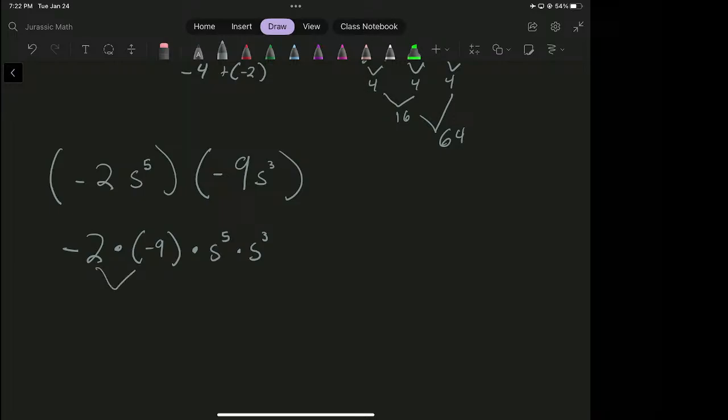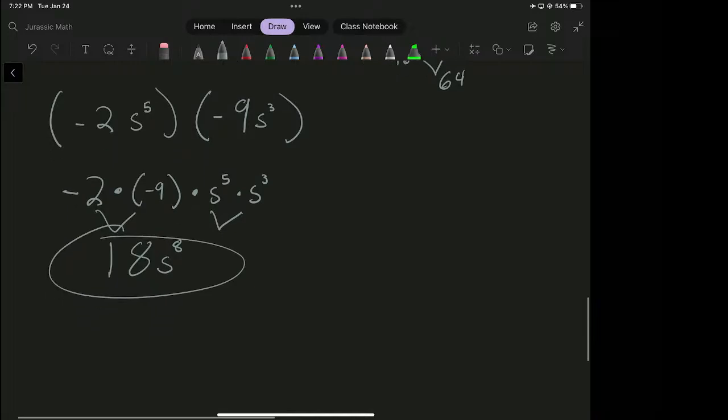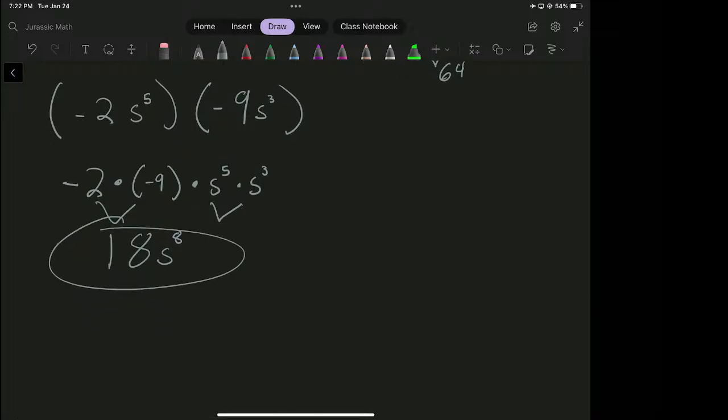So the 2 and the 9 you multiply, you get 18. The two S's, you're going to add them together because when you multiply, you add. So that's S to the 8th power. And that's it. So when it's multiplying like that, you just multiply everything, but the exponents still get added together.